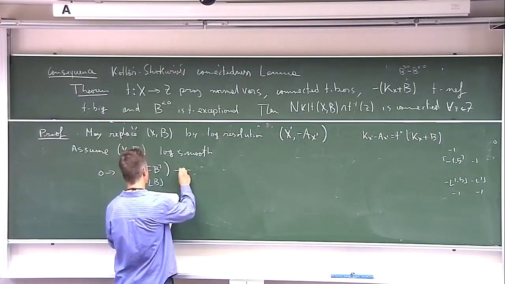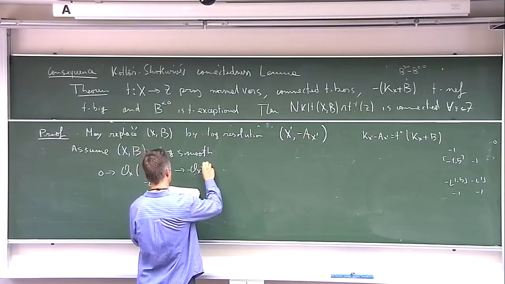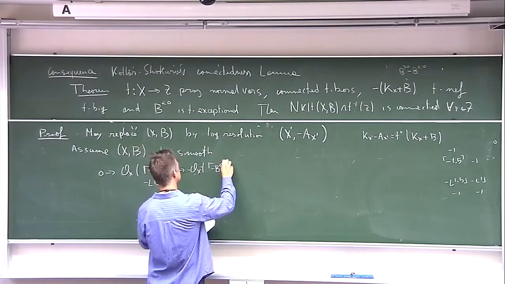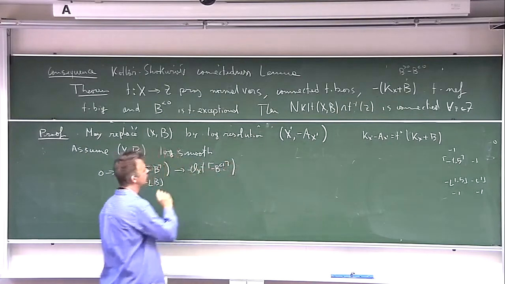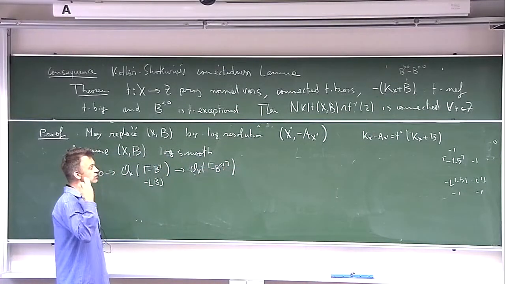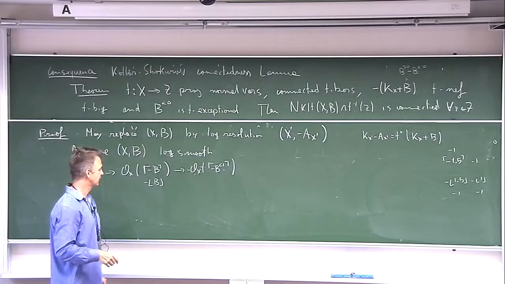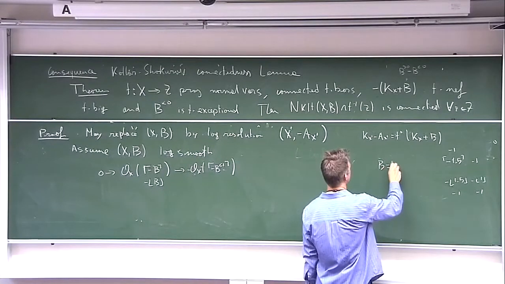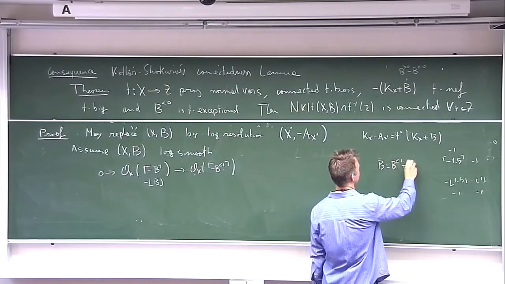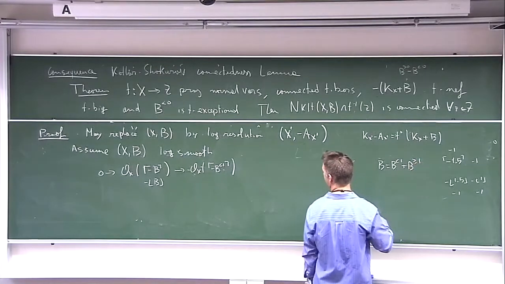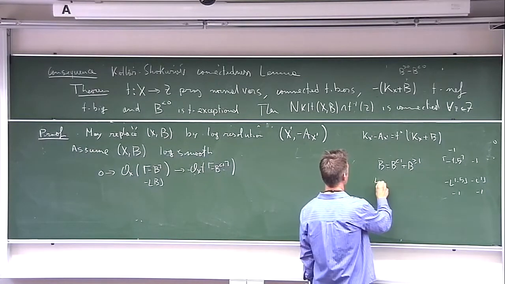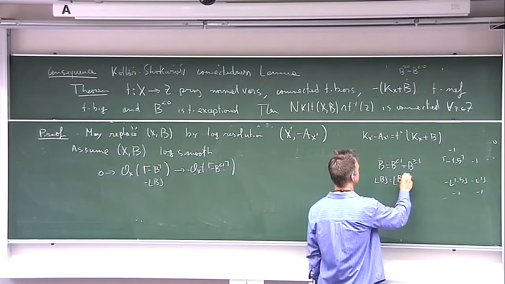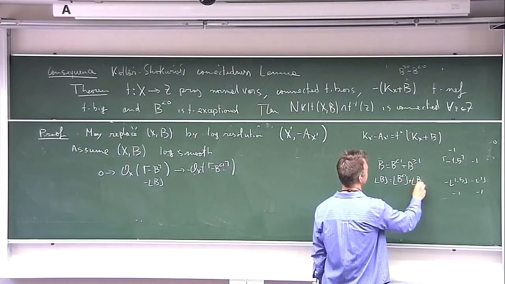Okay, so now I map this into OX. So now I'm just going to consider those components of B which have coefficient less than 1, right? So you can think of B as being given by the stuff of coefficient less than 1 plus the stuff of coefficient greater or equal to 1. And then the round down of B will be simply the round down of the stuff of coefficient less than 1 plus the round down of the stuff of coefficient greater or equal to 1.